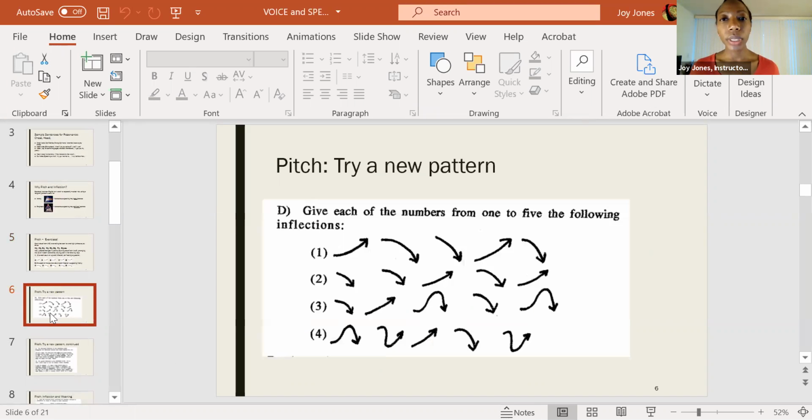All right, here's the next sequence. And this sequence introduces us not only to upward and downward arrows, but squiggly ones where we're going to start low and then we go high and then we go down and then we go low again, etc. So this time there are 5 arrows, so then you are following the arrows' instructions for pitch. And folks of this particular group of speakers have been so willing to jump in and experiment.